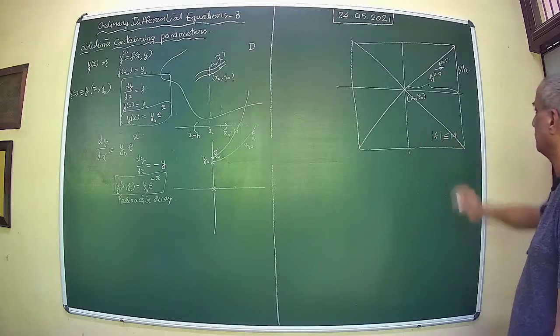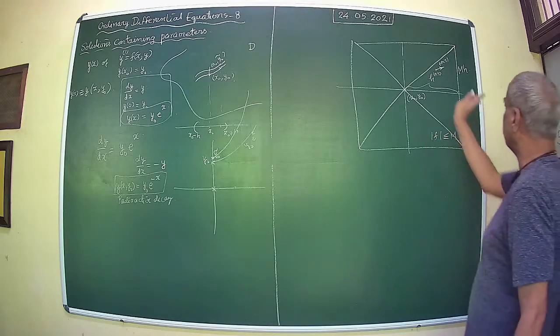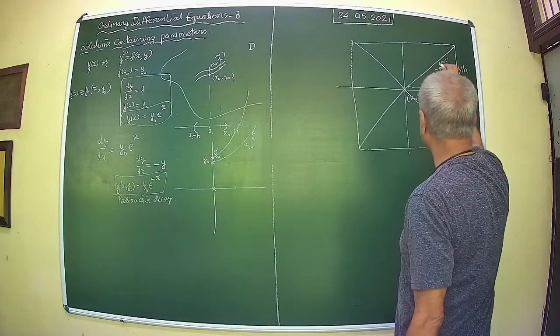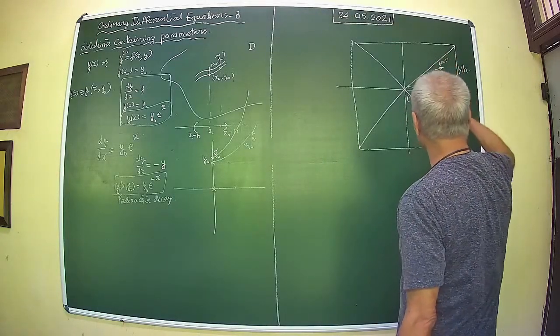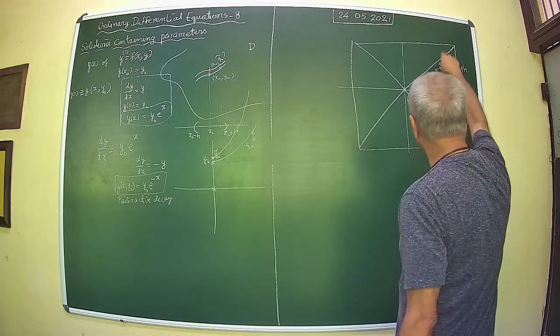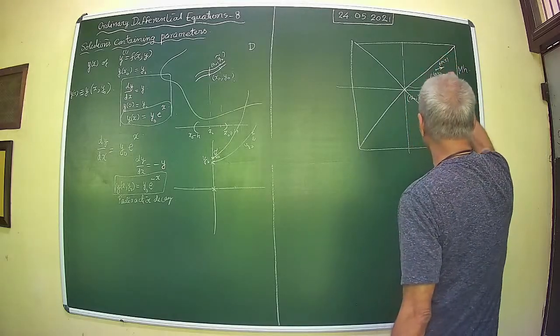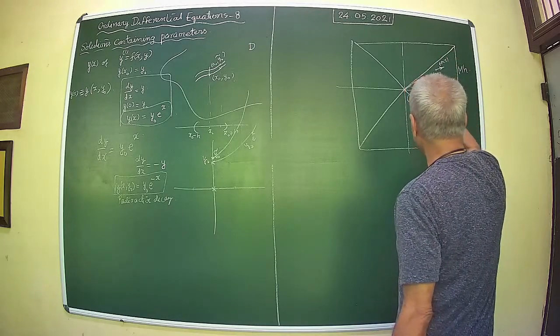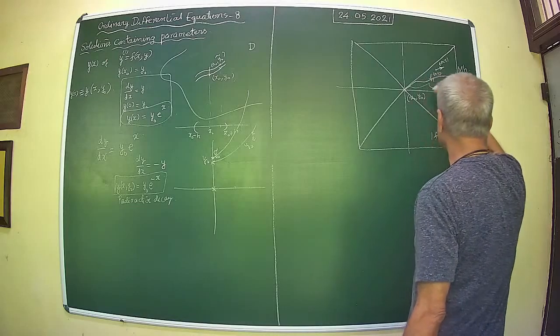This condition, what does it say? This arrow, or the direction, would lie inside this region. Not only that, it has the slope less than that. In fact, all these arrows are like this. The consequence is that any solution will stay within this region.